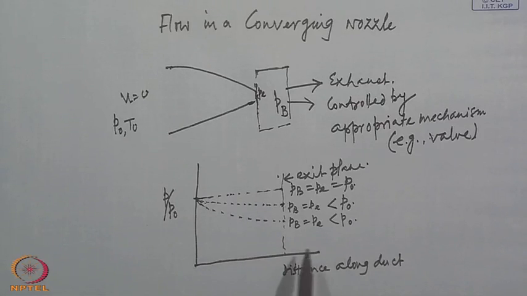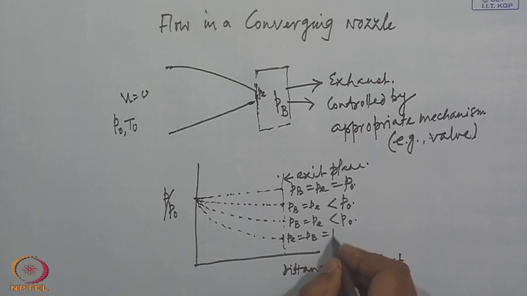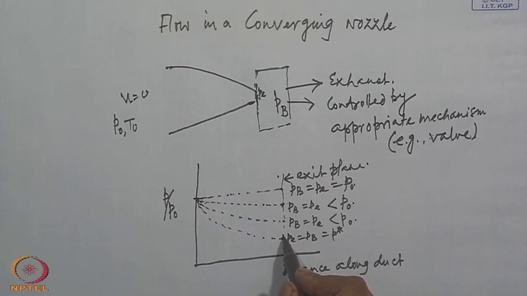If we continue to decrease this P b, then we will reach a condition of P e equal to P b equal to P star, which we have derived earlier in our one dimensional flow analysis, at which the flow velocity in the exit plane reaches sonic value.